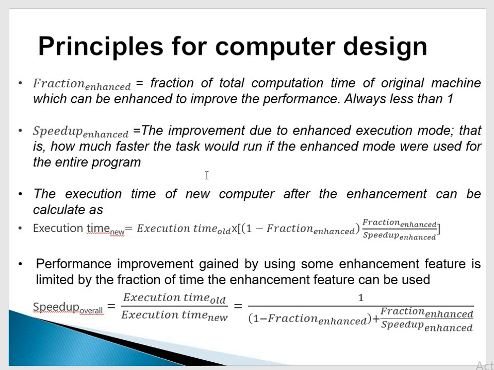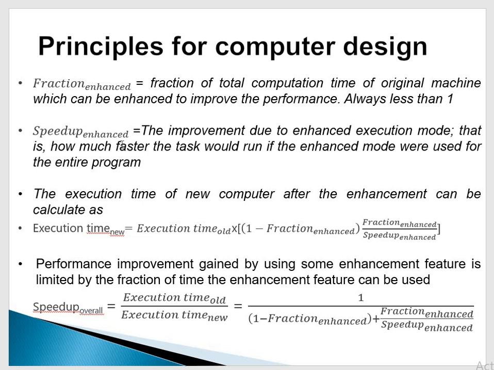Whatever enhancement we have done in the execution mode, and due to that enhancement, what is the improvement in the performance in terms of speed, that is called speed up enhanced. It is how much faster the task will run if the enhancement mode will be used for the entire program. It will also give us this idea.